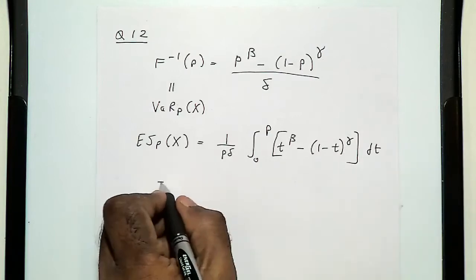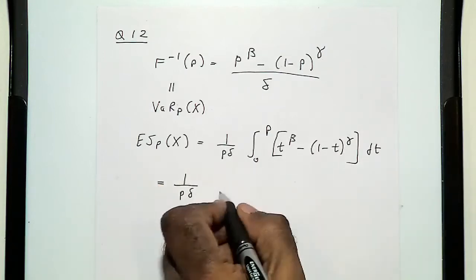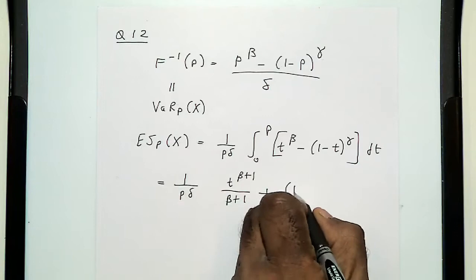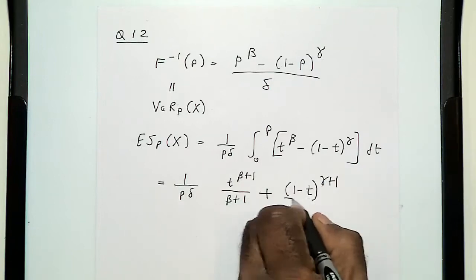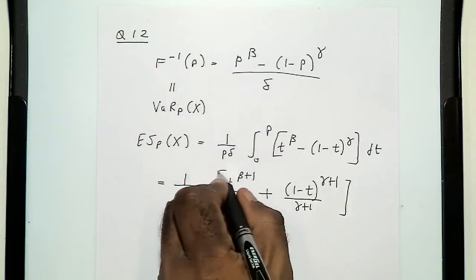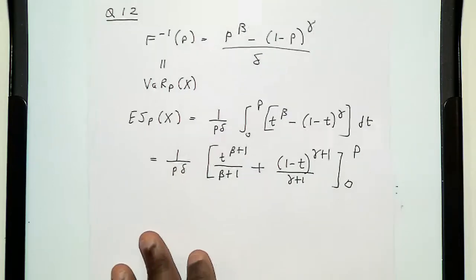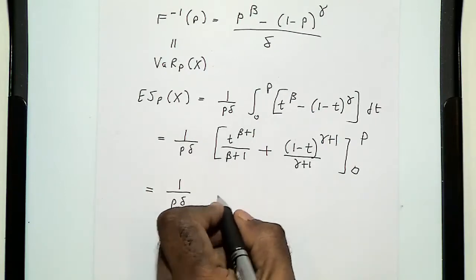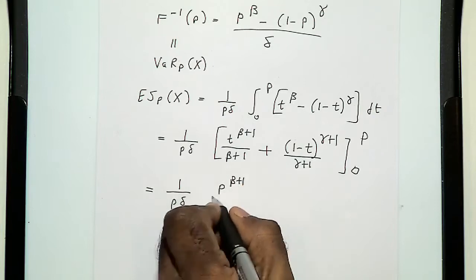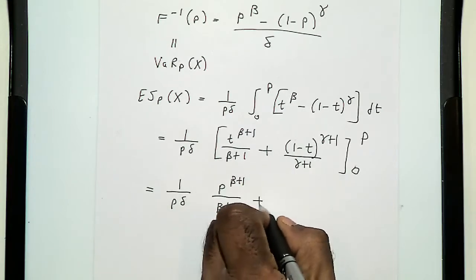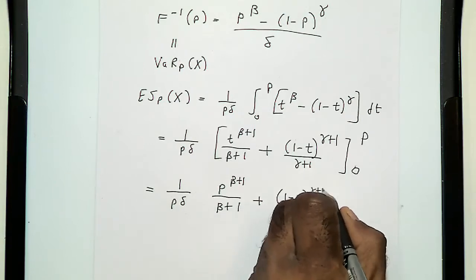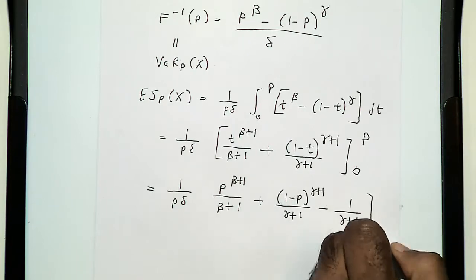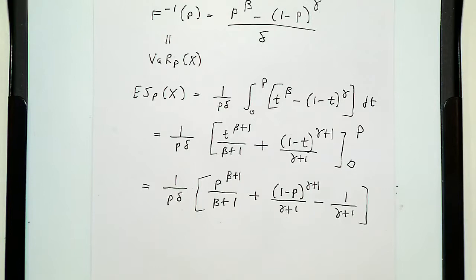Now if you do the integration, you get this, and if you take the limits, you get this minus 1 divided by gamma plus 1. Right, so that's question number 12.